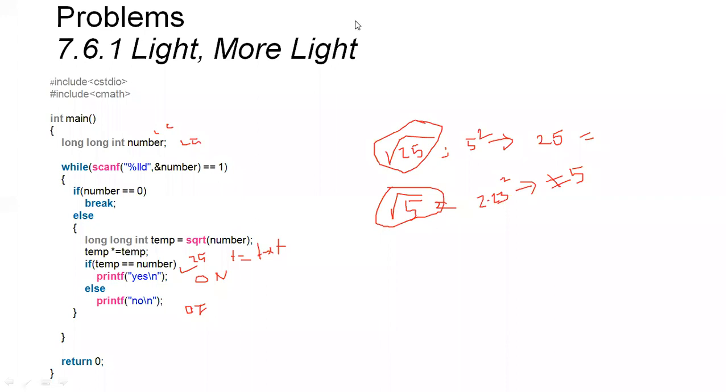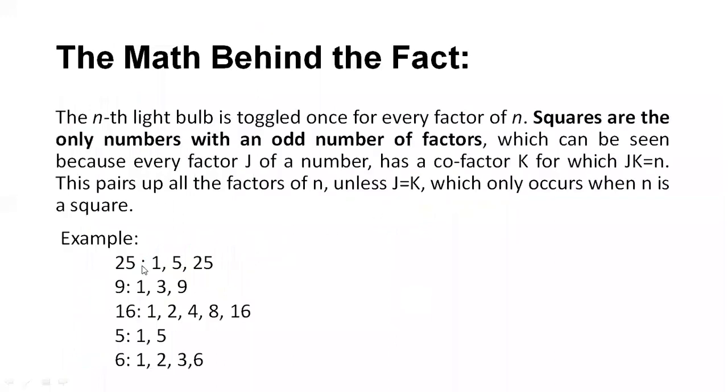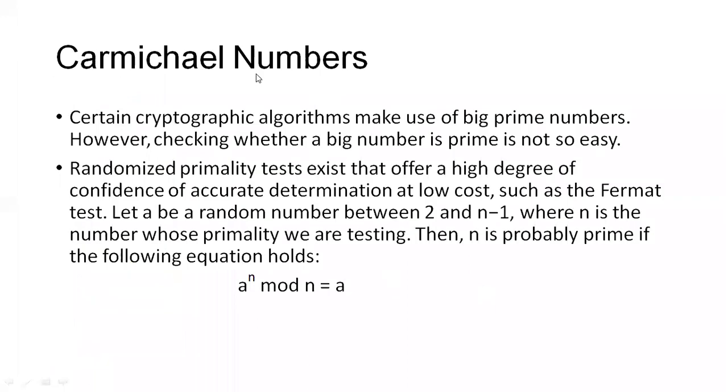So this is the logic for this problem, which is very simple, and you can easily implement this program in your practical. So mainly this is what you have to understand, and this way we can solve the problem.